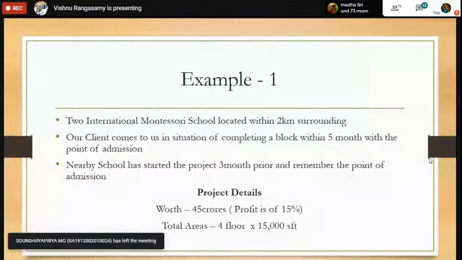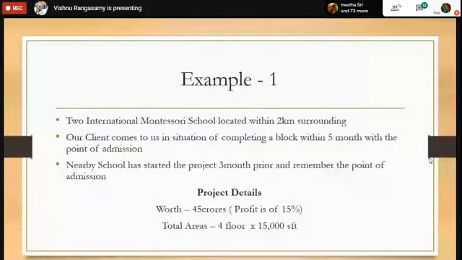One of our clients comes to us needing to complete a block within 5 months, so that he can get the admission for the next academic year. He is running a school. I have given the project details: it's worth 45 crores, and the total area is 4 floors, each floor around 15,000 square feet.